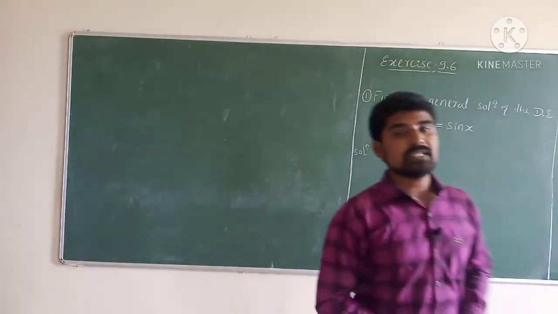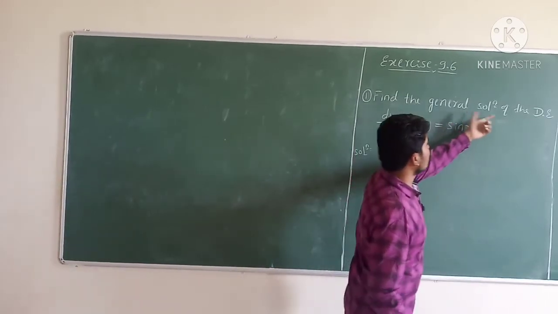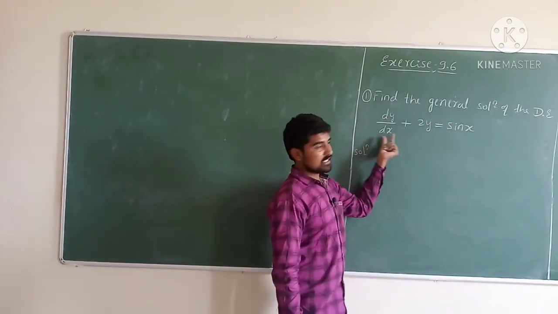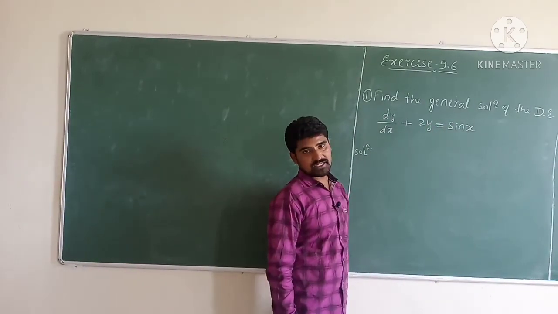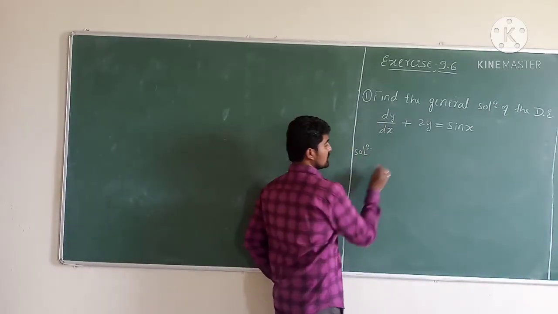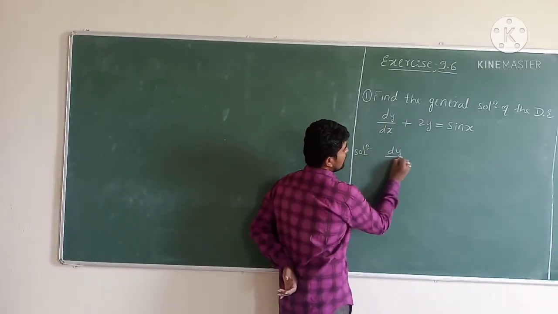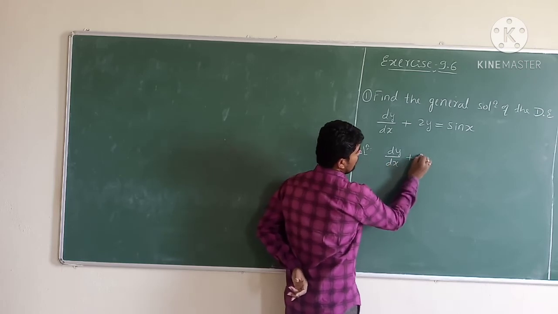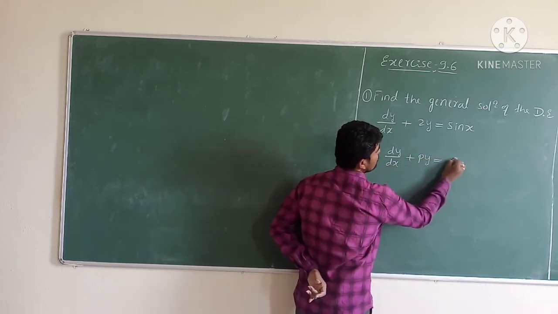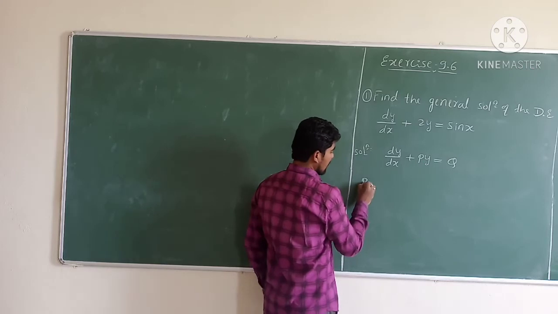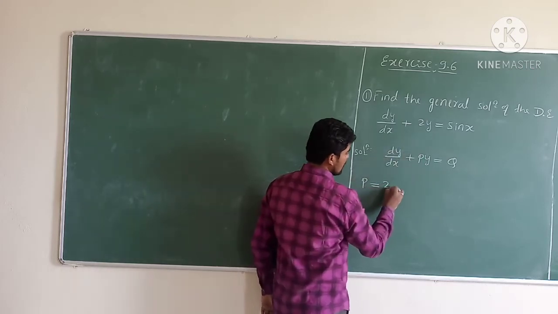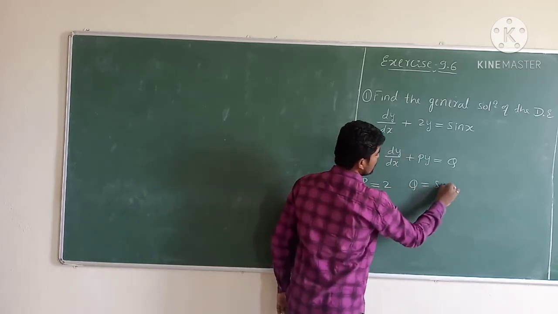Now the first question is, find the general solution of the differential equation dy by dx plus 2y is equal to sin x. And this differential equation is of the form dy by dx plus py is equal to q, where the value of p is equal to 2 and the value of q is equal to sin x.